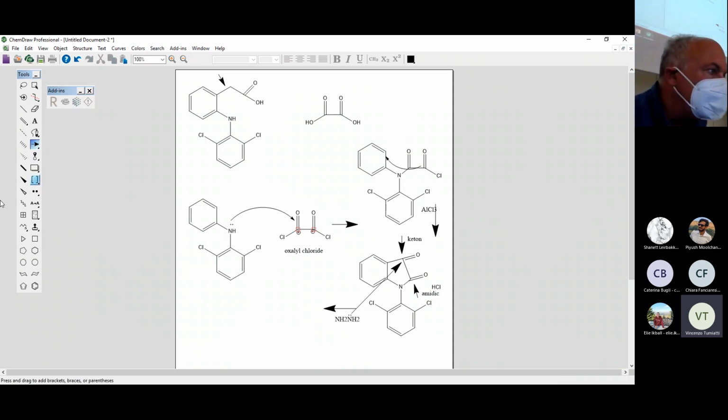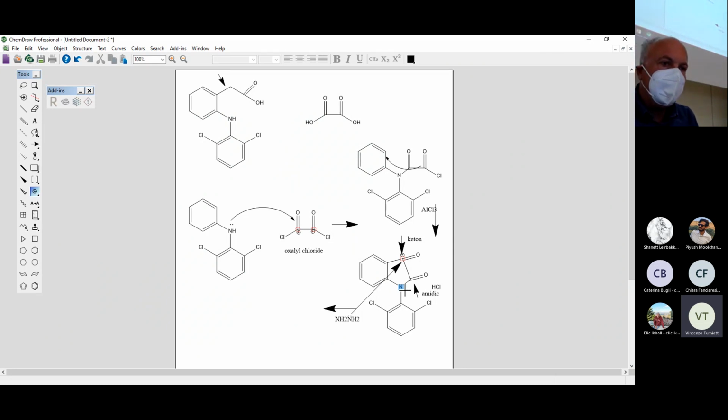Why? Because only the carbon of the ketone has a partial positive charge, while the amidic carbonyl, no, because if you remember, there is the delocalization of the lone pair of the nitrogen of the amido function on the carbon.